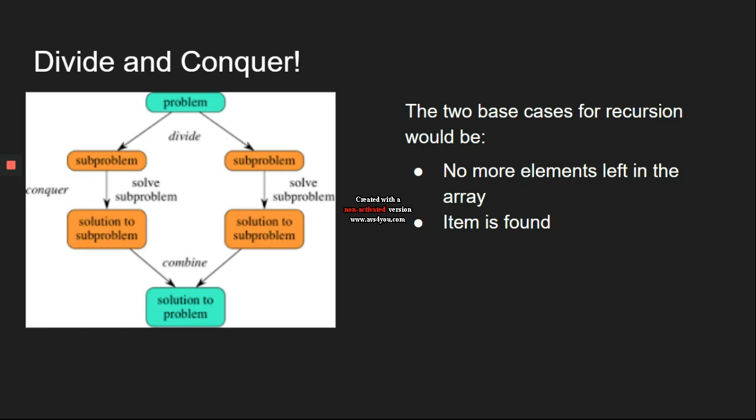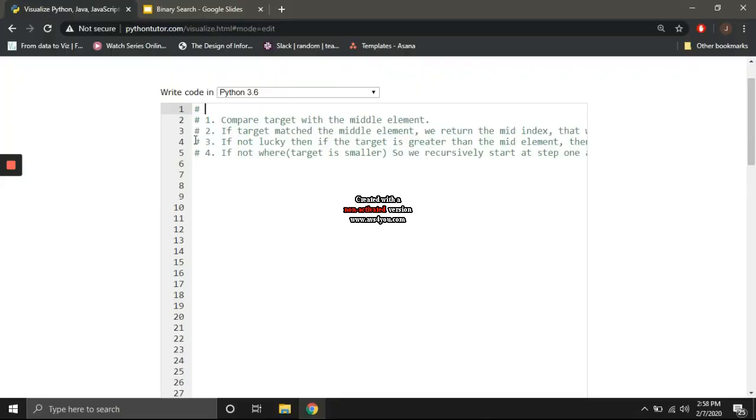We should write some steps here to help us outline the code, some pseudocode, if you will. There were 4 basic steps we used to compute this manually. The first one was compare the target with the middle element. The second step would be if the target matched the middle element, we return the middle index.